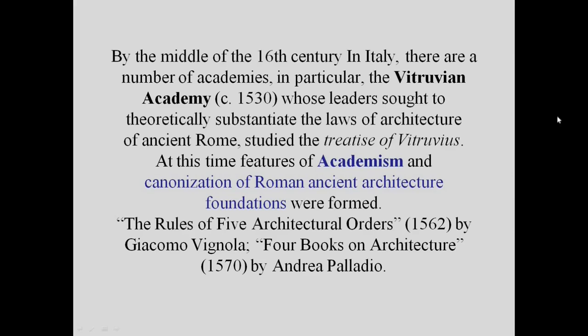At this time, features of academism and canonization of Roman ancient architecture foundations were formed. There were also some theoretical treatises created, some very important books for educational purposes: The Rules of Five Architectural Orders, 1562, by Giacomo Vignola, and Four Books on Architecture, created in 1570 by Andrea Palladio.